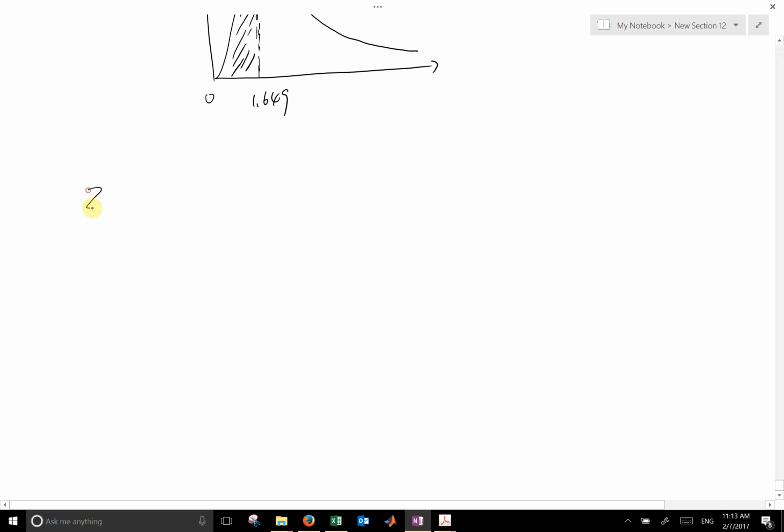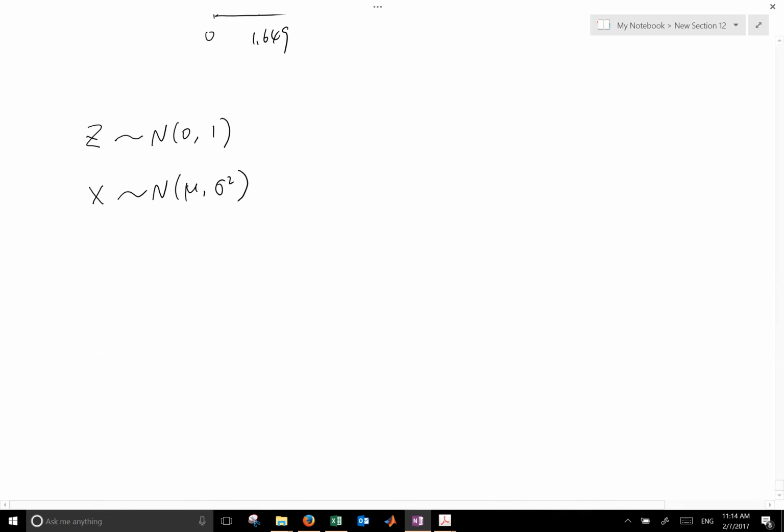We know that Z is normally distributed with 0 and 1, and X is normally distributed with mu and sigma squared. Now, if we know X, what is the distribution of X bar? That is the central limit theorem. X bar is normally distributed with mu and sigma squared over n.